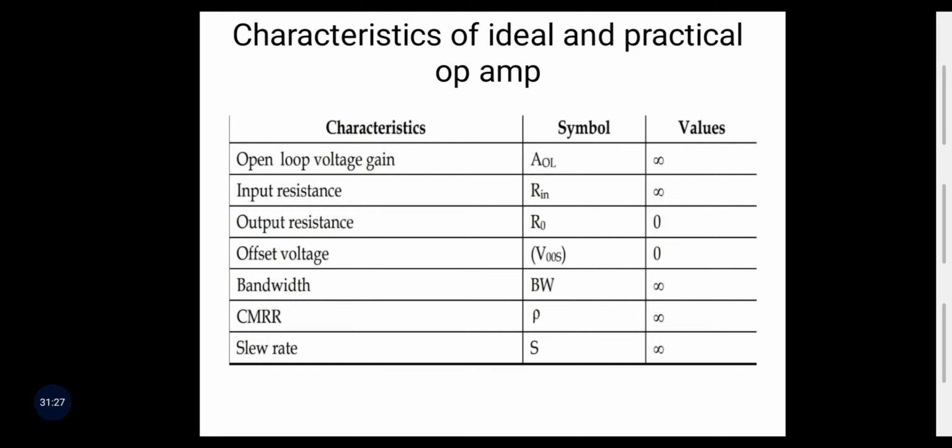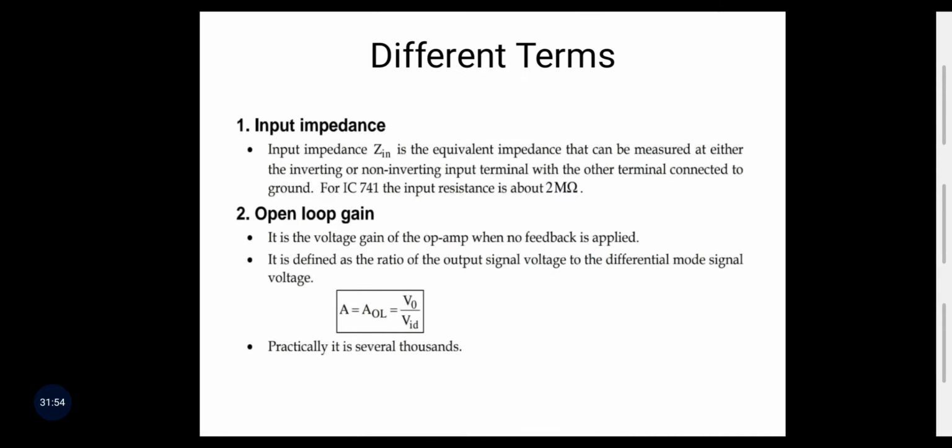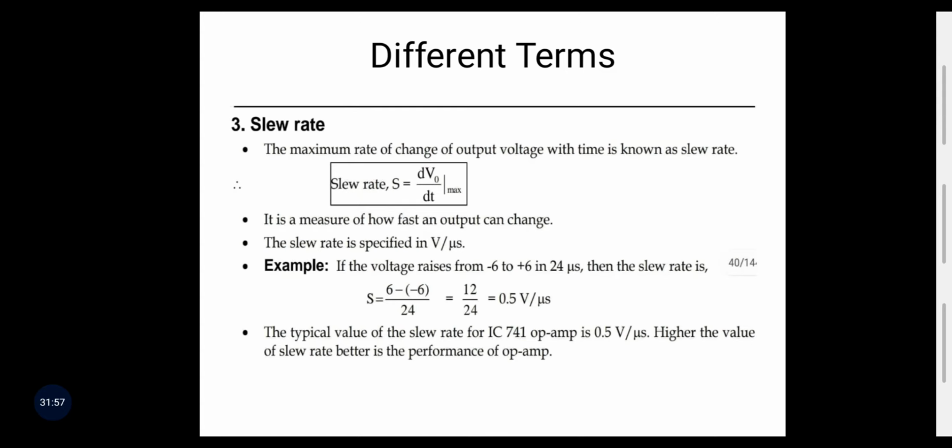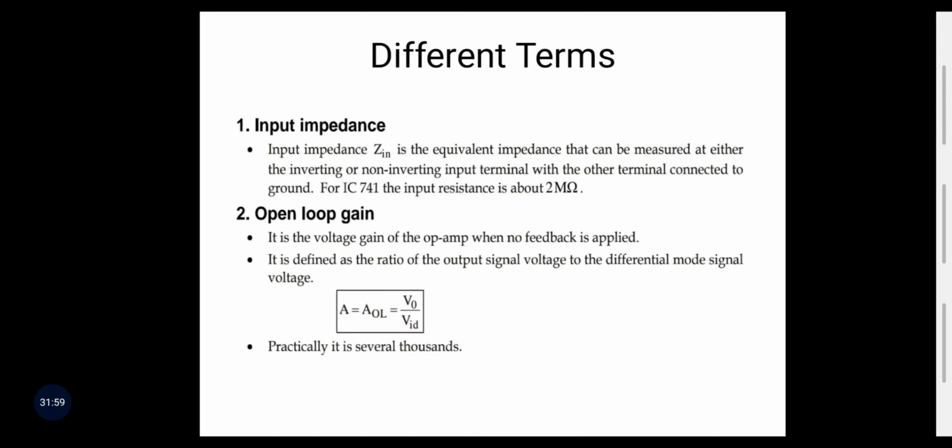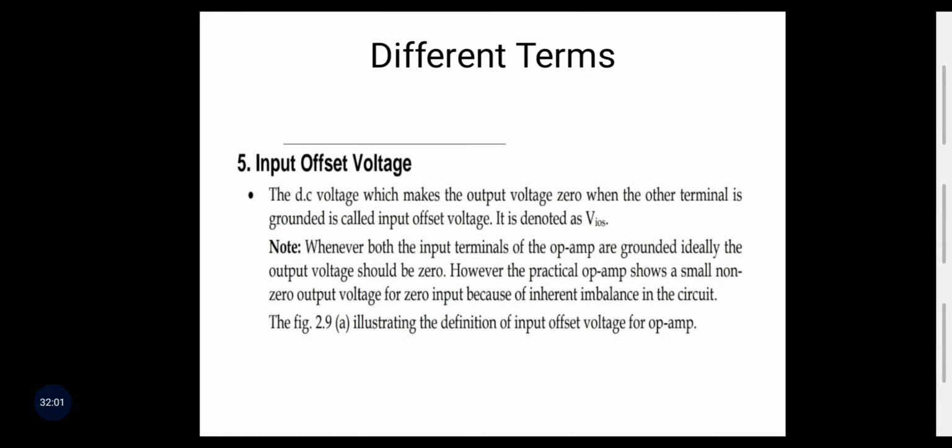So this is very important. What are the ideal op-amp characteristics? Open loop voltage gain infinity, input resistance infinite, output resistance 0, offset voltage 0, bandwidth infinite, CMRR infinite, slew rate infinite. So these are the different characteristics of the op-amp.